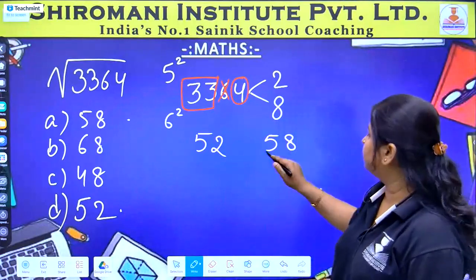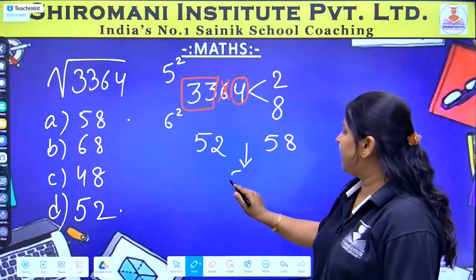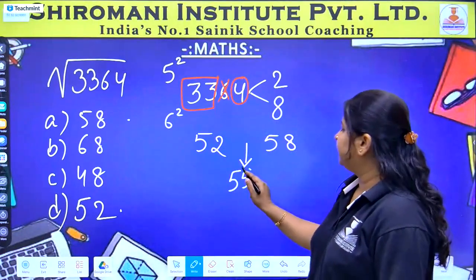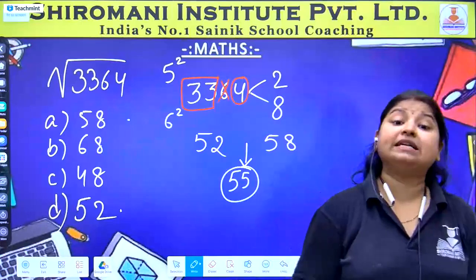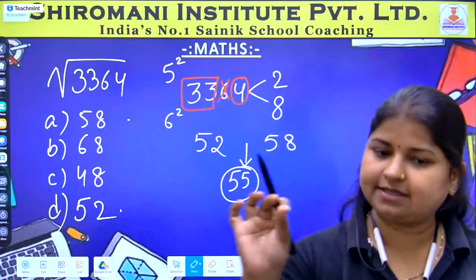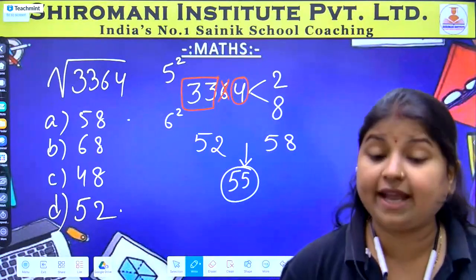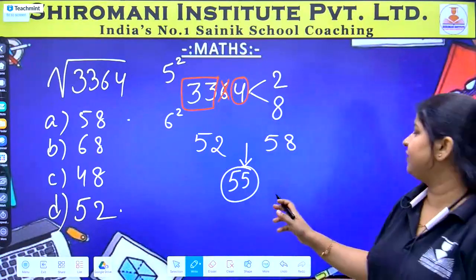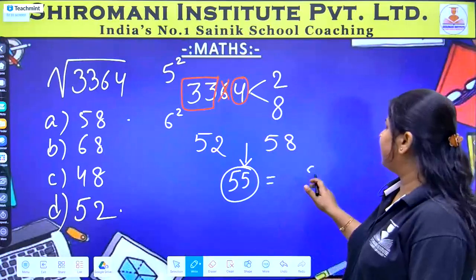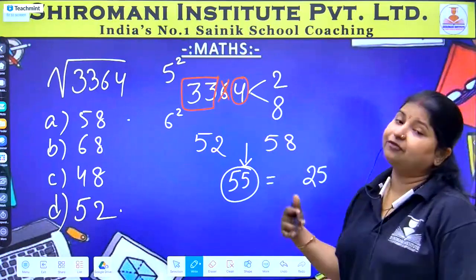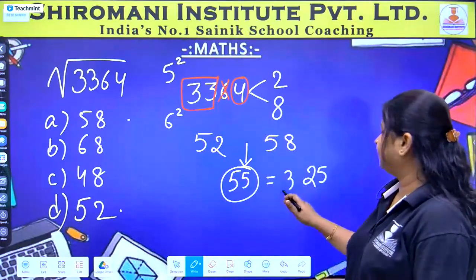Now, in order to confirm my answer, I have to calculate the square of the middle digit. Like it is in the series of 50. So I will calculate the square of 55. So 55 ka square, very easy. 5 5s are 25 and 5 into 6 is 30.